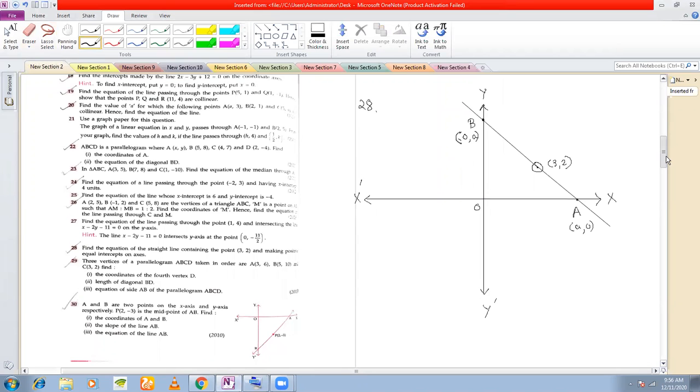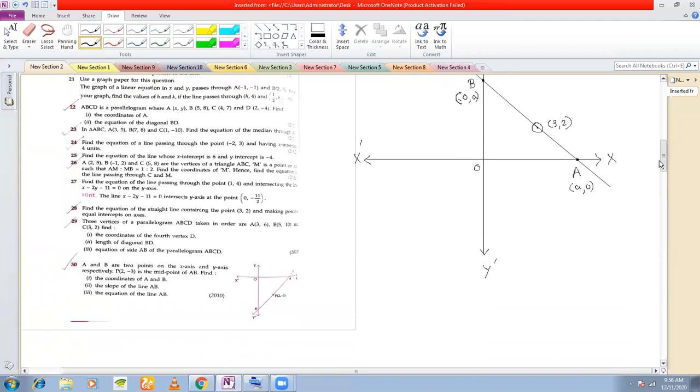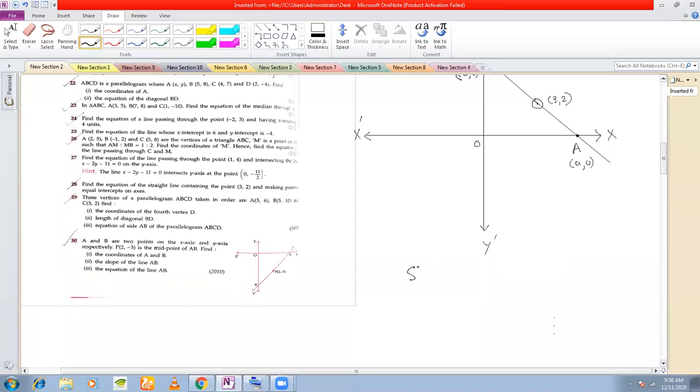can I find out the slope of AB? I know two points on AB. I know the point A and I know the point B on AB. What is the formula for slope?